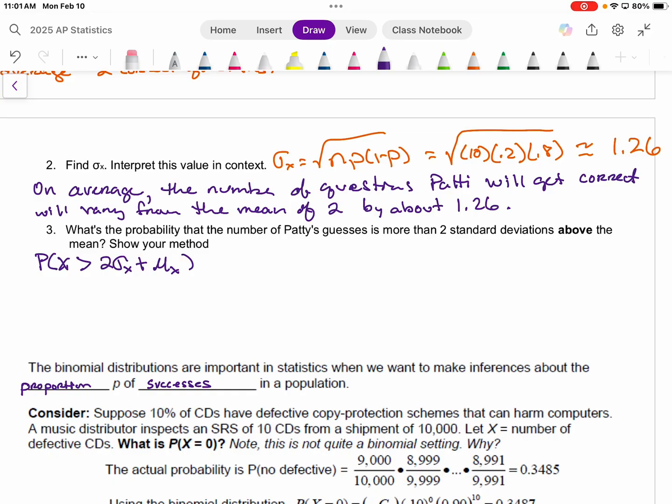So this becomes the probability that x is greater than 2 times 1.26 plus the mean of 2. That simplifies to x is greater than 4.52.